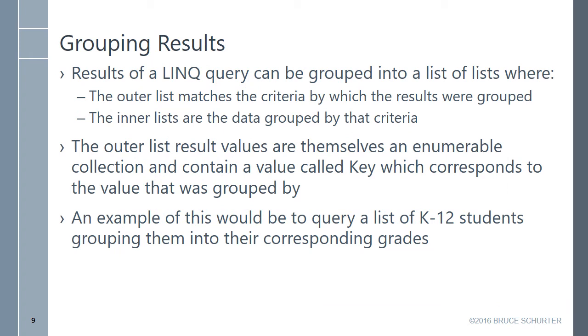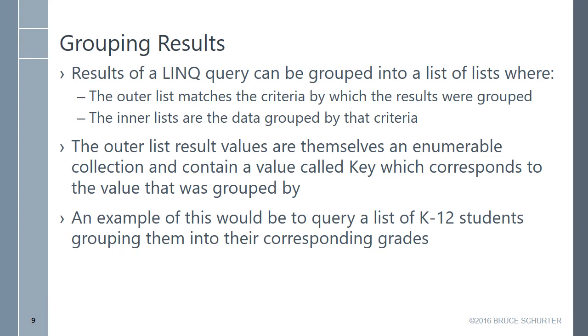We can also group our results. We noticed we were able to filter them and to order them, but we can group the results into sublists. So the result of a LINQ query can be grouped into a list of lists, where the outer list matches the criteria by which the results were grouped. The inner lists are the data grouped by that criteria.